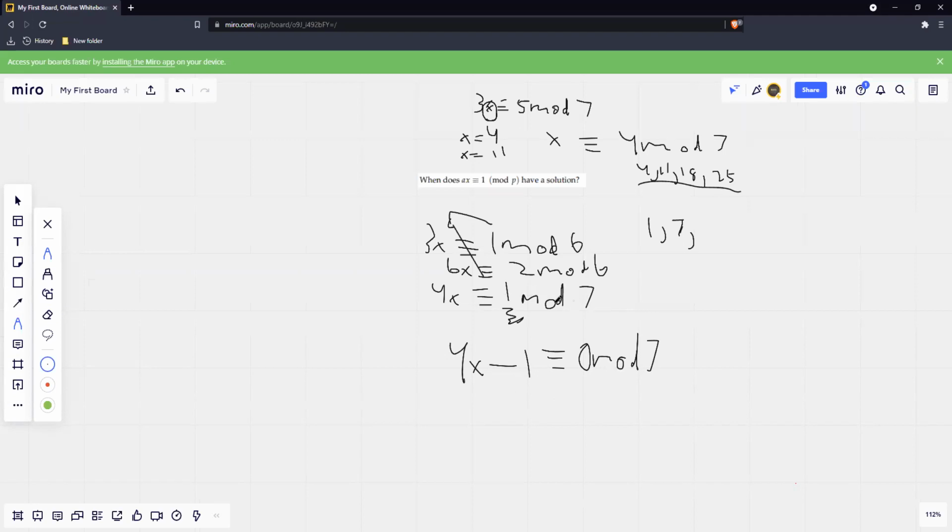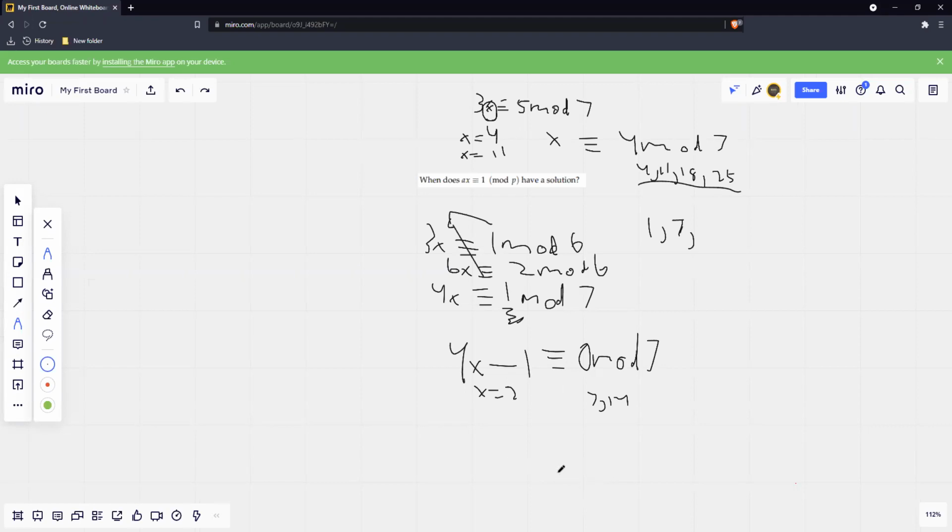Let's see what happens when x is equal to 2. 4 times 2 is 8. 8 minus 1 is 7. And is 7 congruent to 0 modulo 7? Yeah, it is.